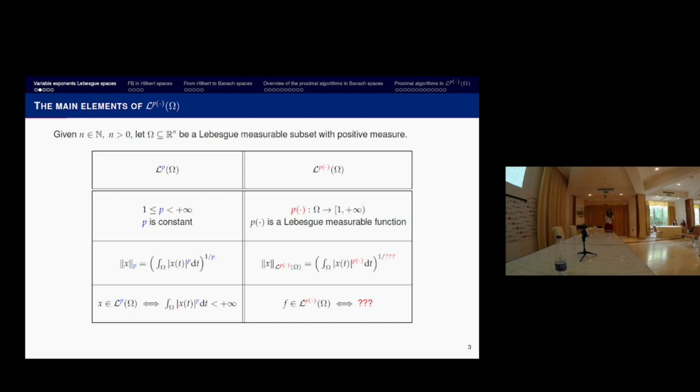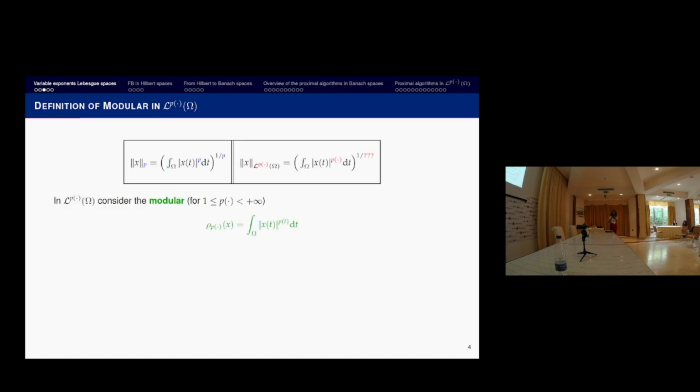And in classical L^p spaces, we can define the norm in the usual way, and the problem that arises when we want to define the norm in the variable exponent Lebesgue space is that we don't have a clear choice for computing the radical. And also, since we don't have a clear definition of the norm, we don't know how to define the elements of the space.